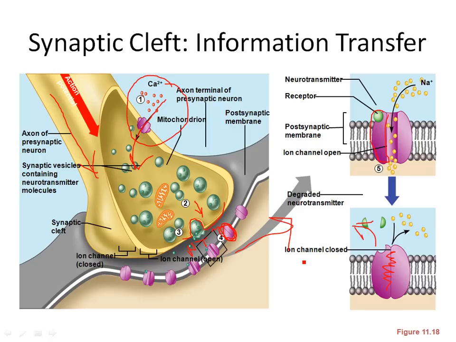So now I say again, pause the slide, or go backwards. Review action potentials in all their stages, from polarization, depolarization, repolarization, hyperpolarization, and then back to rest. Review the events of the synapse. Action potential opens calcium's voltage-gated channel.